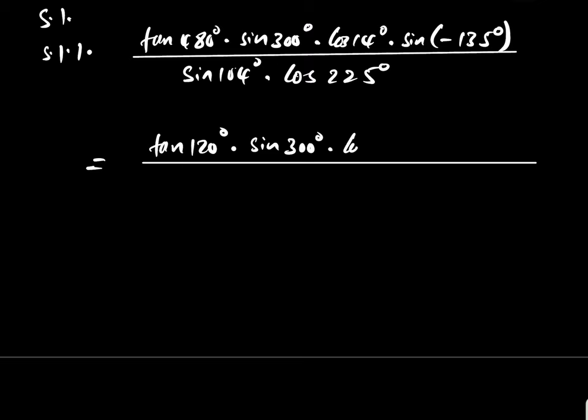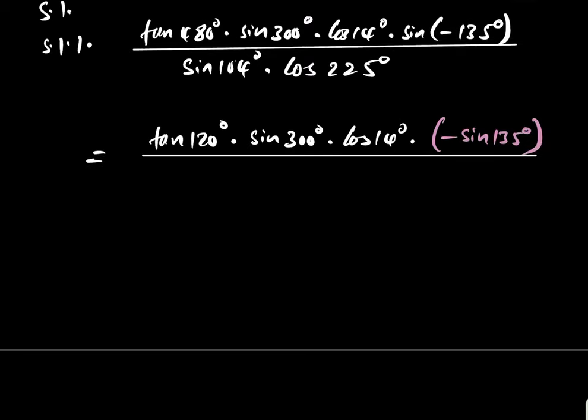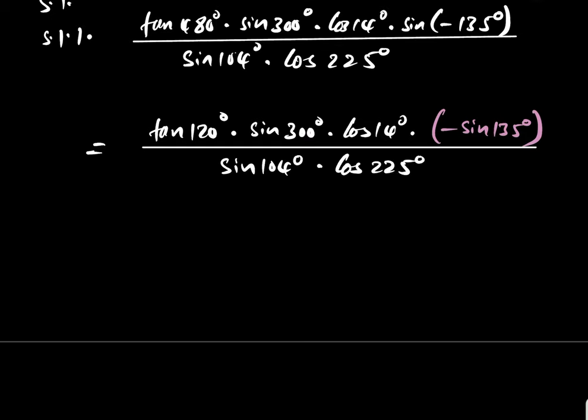Multiply by cos of 14 degrees, and then multiply by this one, which is basically the fundamental identities, where you're going to get a negative sine of 135 degrees. All right, and then you still have your sine of 104 degrees multiplied by a cos of 225 degrees.